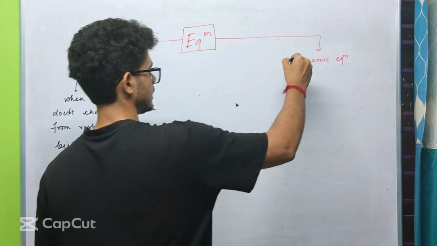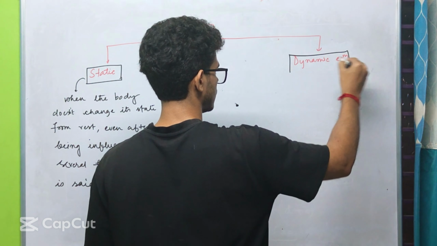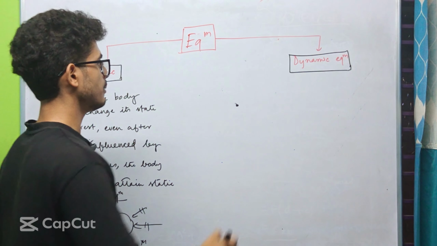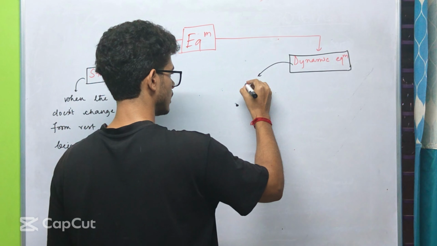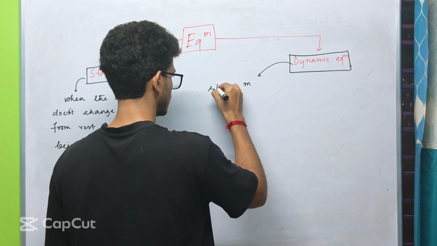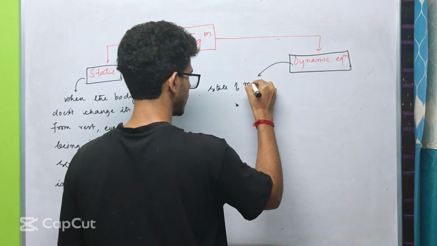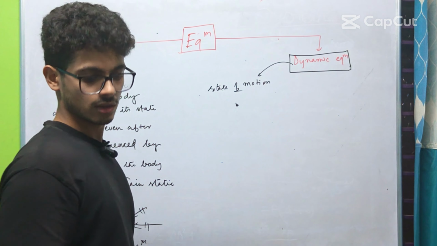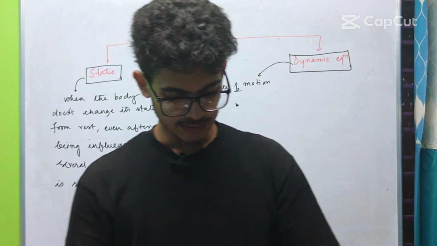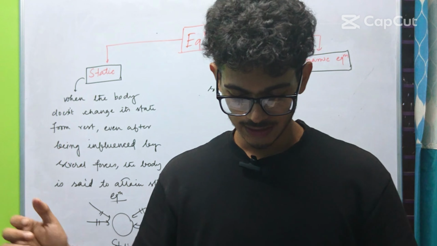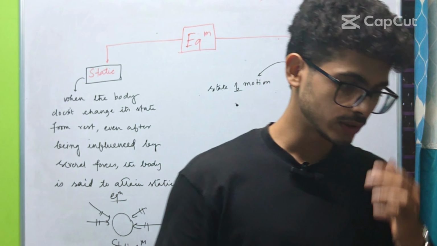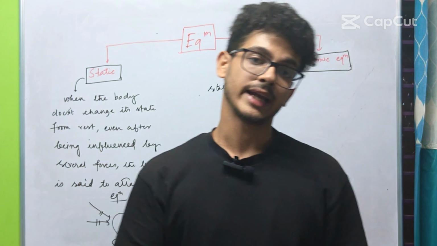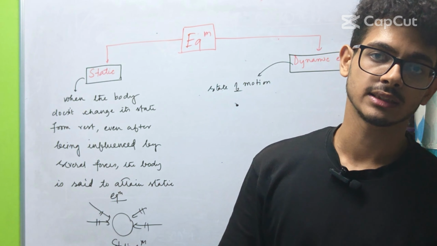Now there is another part, the dynamic equilibrium. So dynamic is the state of motion of the body. Let's say initially a body was moving with some velocity, let's say v, and we have applied several forces.